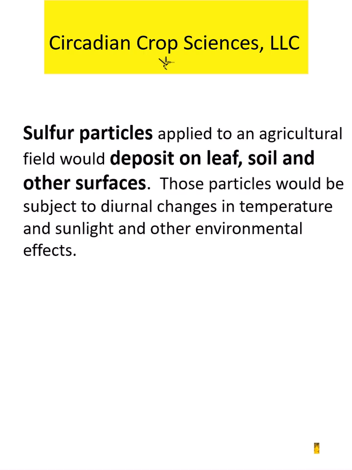Sulfur particles applied either as a dust or a dust in a wettable powder sprayed on a crop aren't going to be suspended in the air. They're going to deposit on leaf, soil, and other surfaces. Those particles would be subject to diurnal changes in temperature and sunlight and other environmental effects.